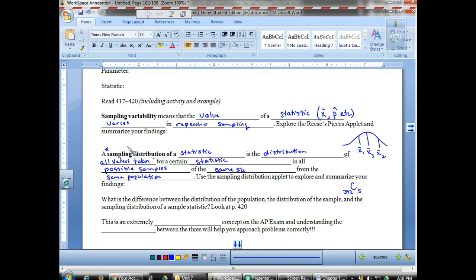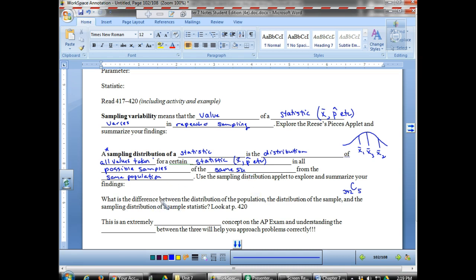So let me review that. It's very important. A sampling distribution of a statistic is the distribution of all values taken for a certain statistic, like X bar or P hat, etc., in all possible samples of the same size from the same population. So it's a really important concept as we go into the inference part of the year.